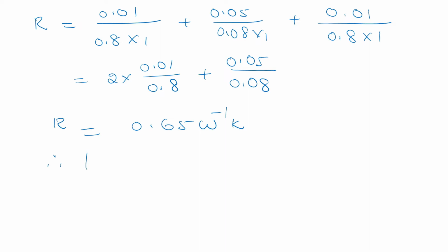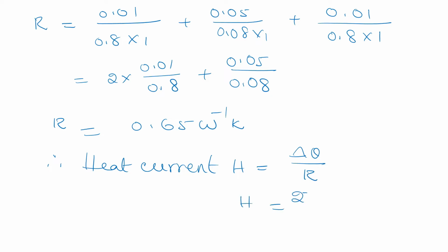Therefore heat current H is equal to delta theta by R. So H is equal to 27 minus 0. Delta theta is nothing but temperature difference. 27 minus 0 by R, that is thermal resistance.